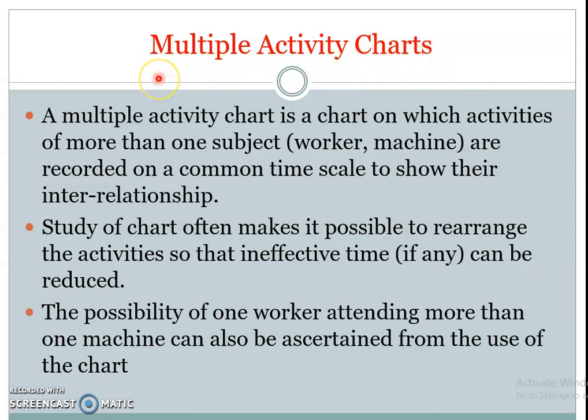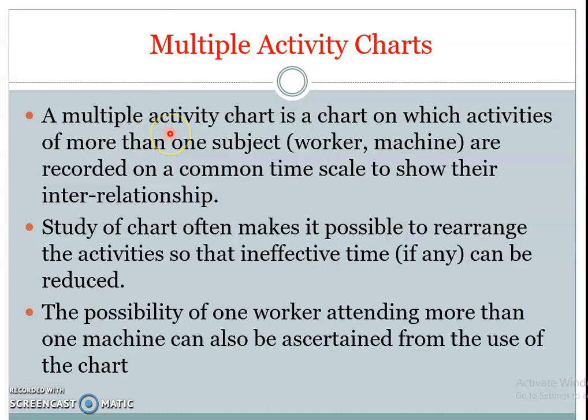This is lecture number 5 on the topic method study. We are coming across here the multiple activity charts. This is a chart from group 2, where the sequence of activities or processes as well as the time scale is noted.